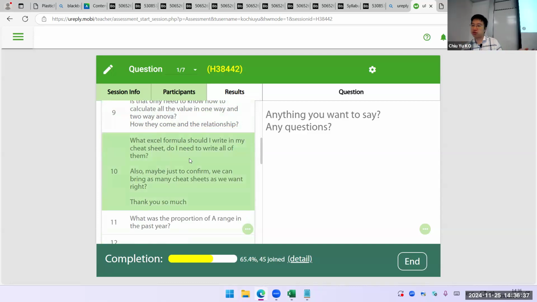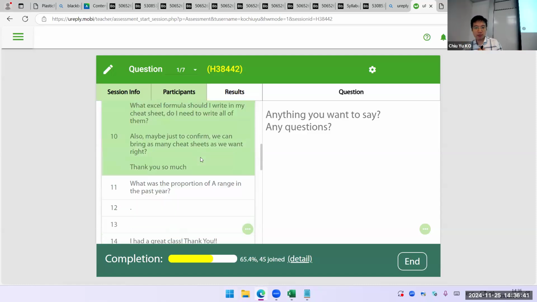You can write all of them, no problem. You can print out whatever you like. You can bring as many cheat sheets as you want. No iPad, no iPhone, no computer. You can bring your standard calculator, non-scientific. As long as there is no Bluetooth and no Wi-Fi, you can bring your own.